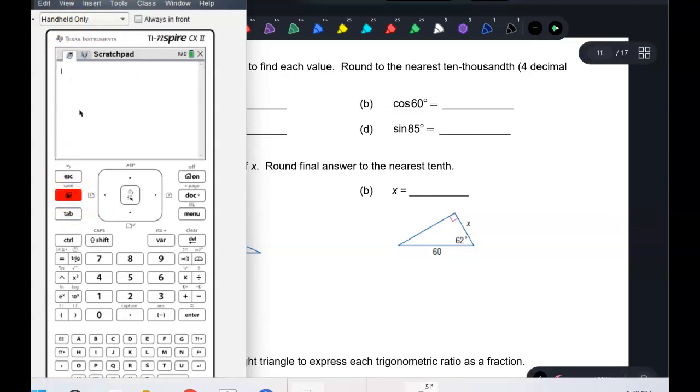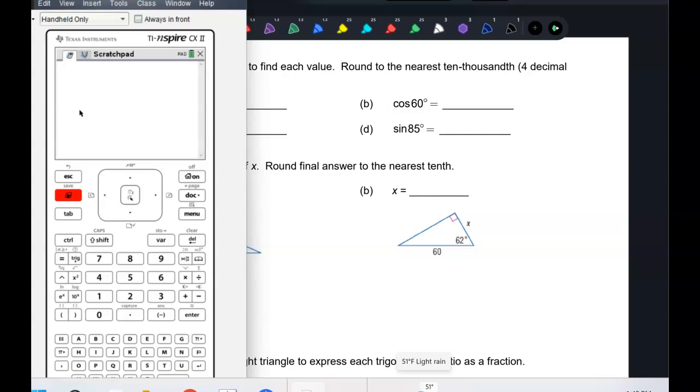If someone else had been using your calculator from a different class, they might have a changed mode. In the top right, you might see RAD. If it says DEG, perfect, that's actually what we want. If not, we need to change this to degrees.